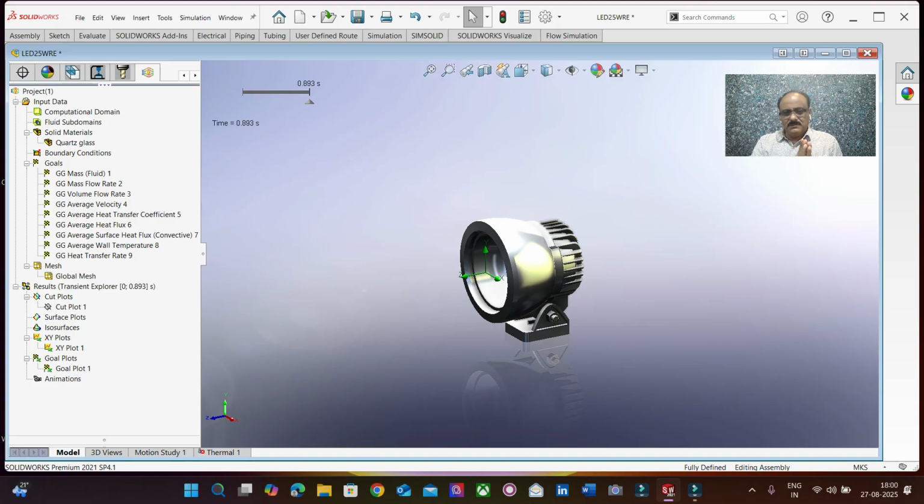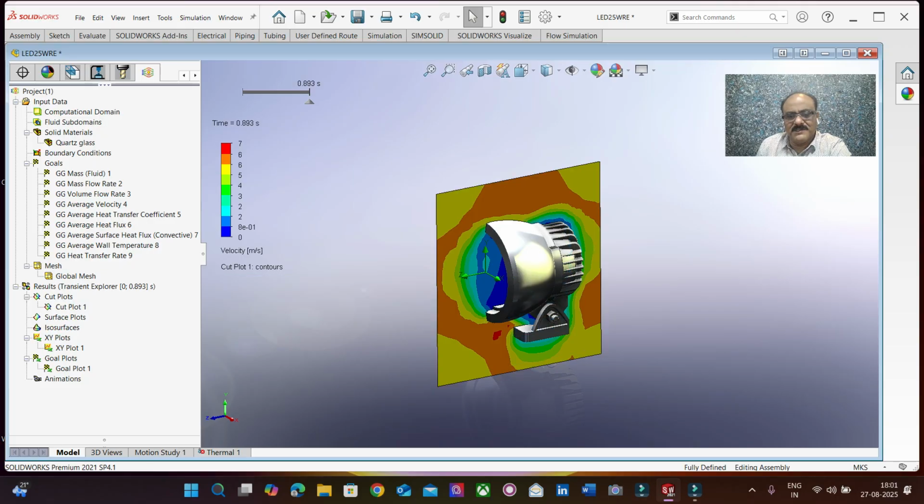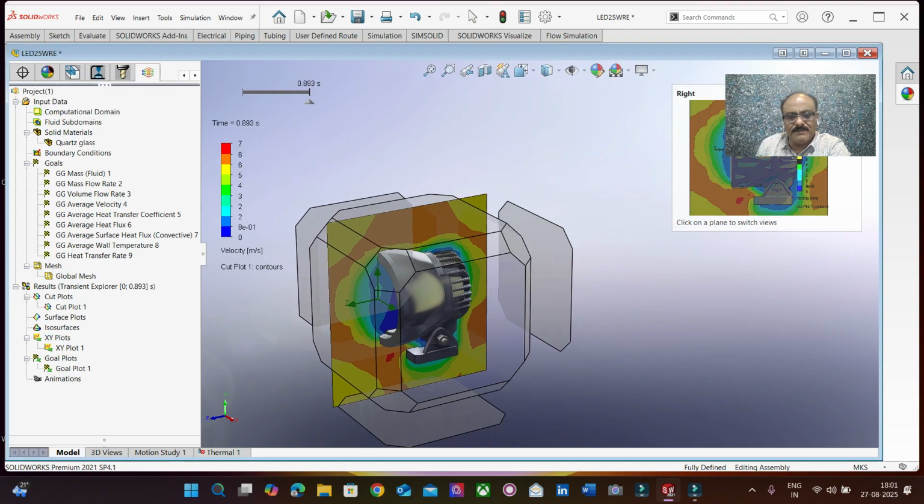This 10 seconds is going to be broken into steps of 1 by 100, that is 0.01, and going from 0.01 up to 10 seconds is going to take about 1000 iterations. We have seen that at 500 iterations the goal is converged. Everything is converged. Now let's see what the system looks like. Yeah, so this is going to be the temperature.